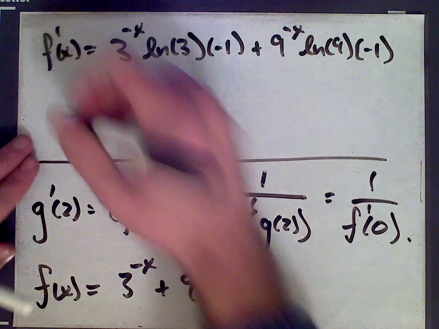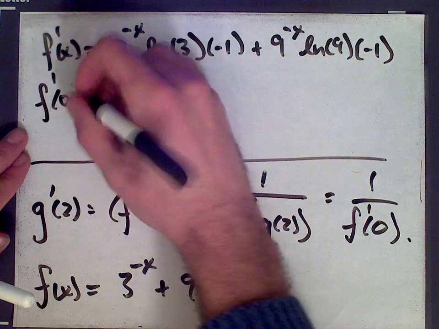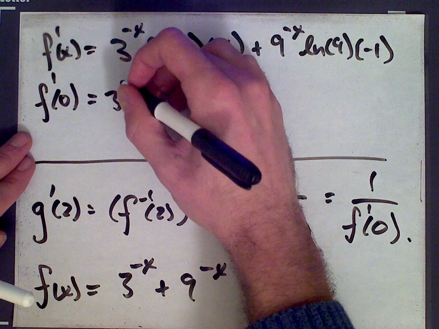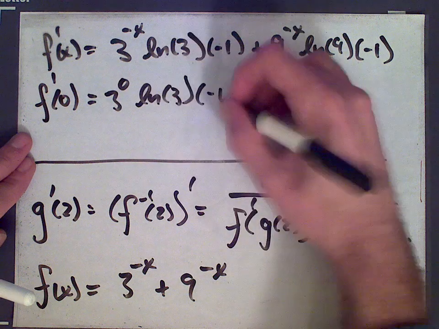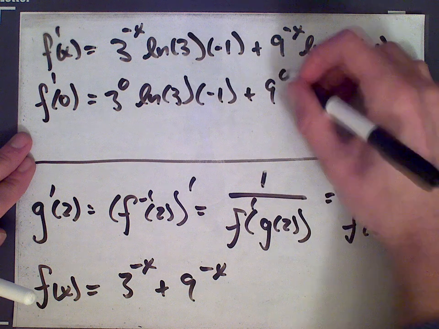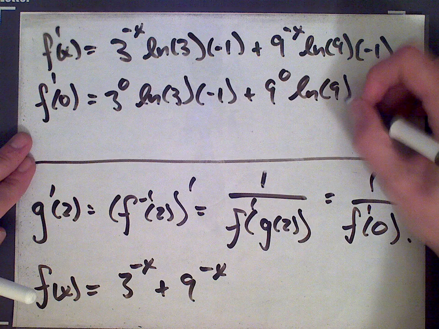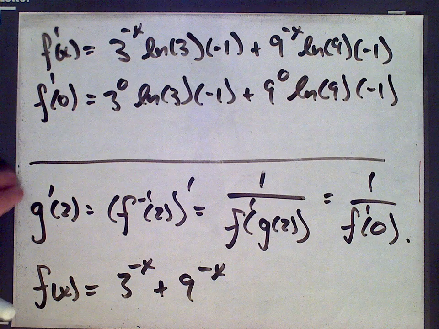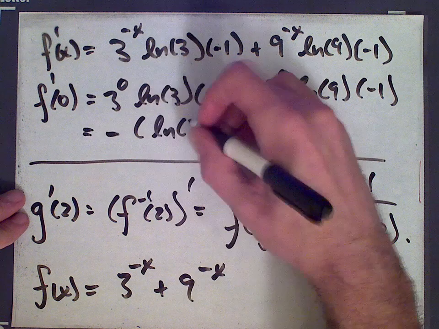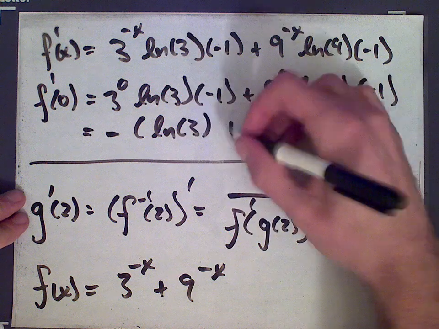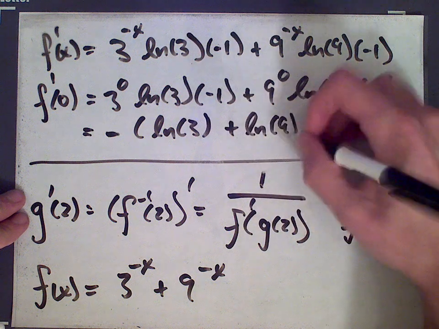And we need this at 0, so let's just go ahead and plug in 0 straight away. 3 to the 0 times ln of 3 times negative 1 plus 9 to the power of 0 times ln of 9 times negative 1, which equals negative ln of 3 minus ln of 9.